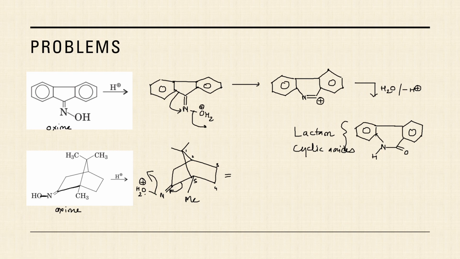So we will be getting something like this. इस तरह का आएगा. C N बन जाएगा यहाँ पे, and we will have Me, Me, Me, and there will be a positive charge here.